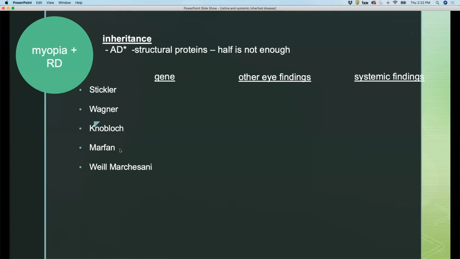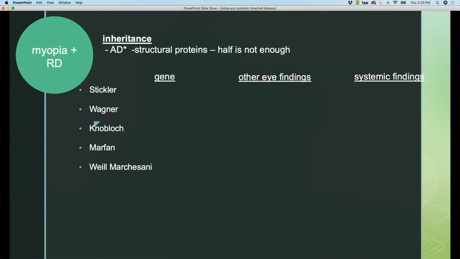Marfan and Weill-Marchesani, we think of mostly as causing what in the anterior segment? Ectopia lentis. Exactly. Marfan and Weill-Marchesani both cause ectopia lentis, but something we don't think about as much is that they also cause myopia and a higher risk of retinal detachment.